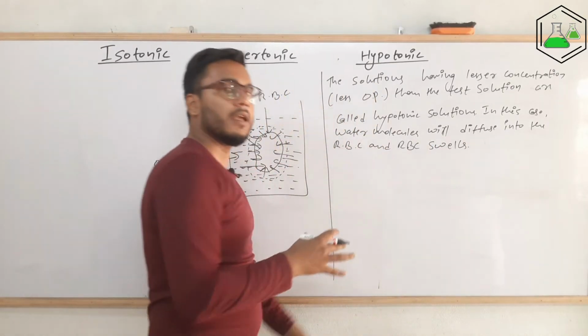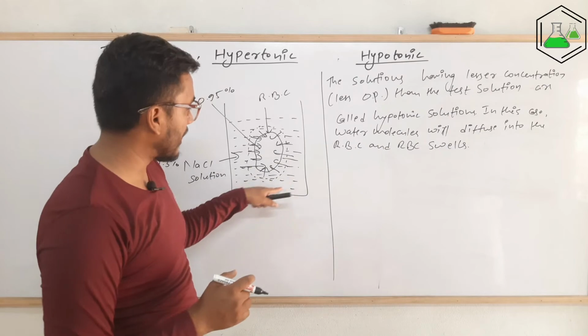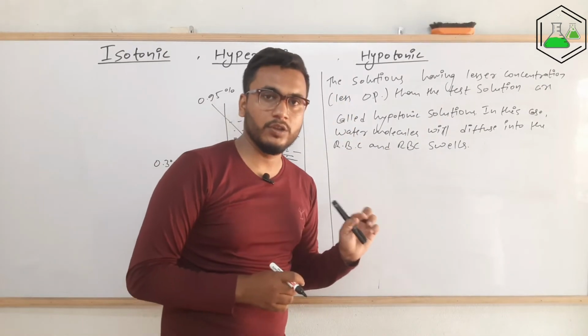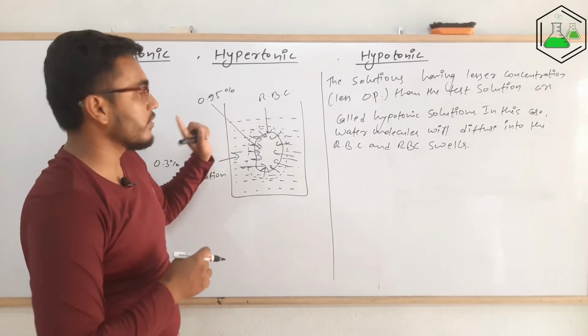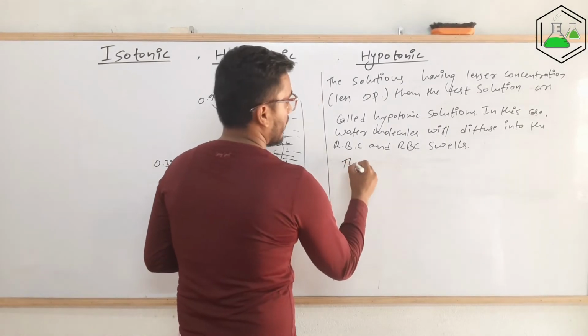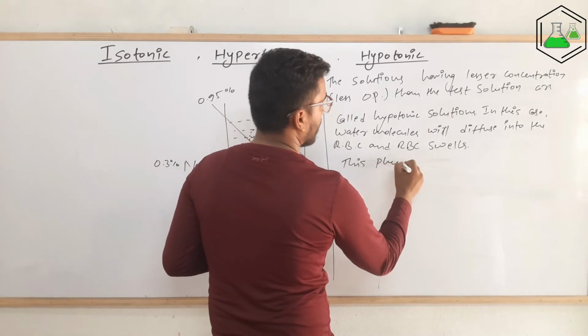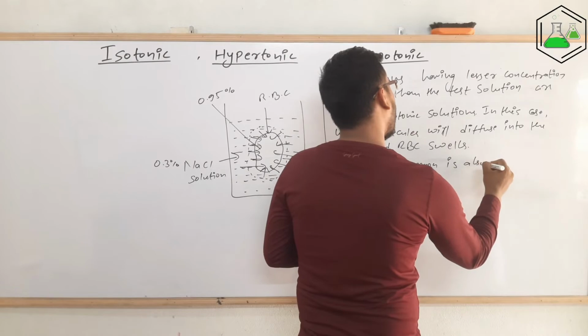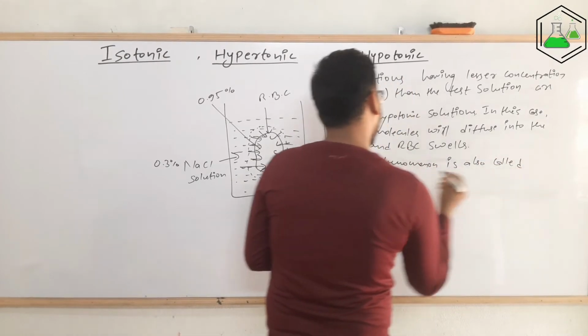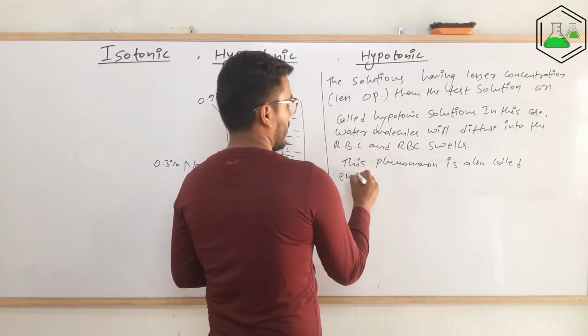That means its size increases. This type of outside solution is called the hypotonic solution, whose concentration is less than this test solution's concentration. This phenomenon is also called endosmosis.